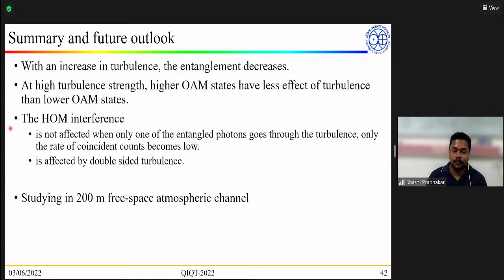And if you want to see the turbulence, there are some modes which are more preferred than these OAM modes. Now some simulations are going on to find out which types of modes are more preferred in higher turbulence, where you get less effect of turbulence in the end, or how to correct for it.